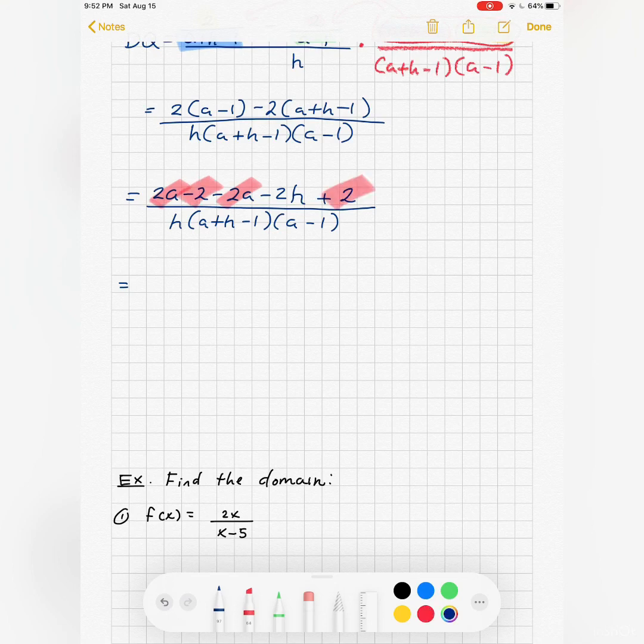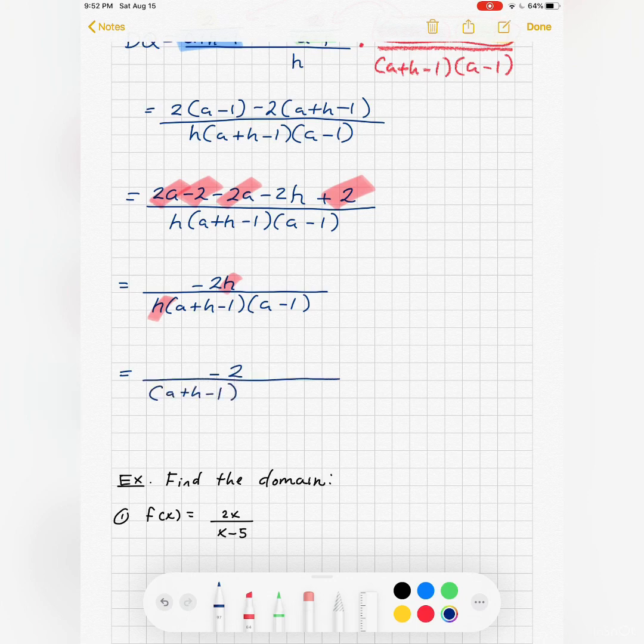Those cancel, those cancel. So negative 2h, and then h times (a plus h minus 1) times (a minus 1). Now I can divide top and bottom by h. So indeed that h cancels, and here's my difference quotient.